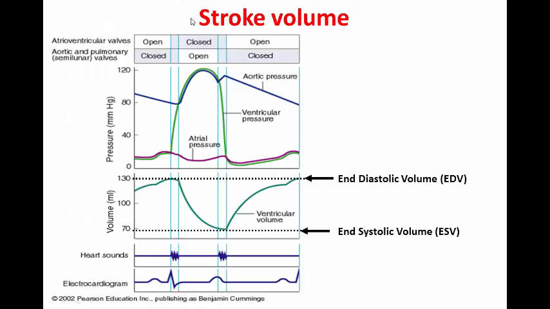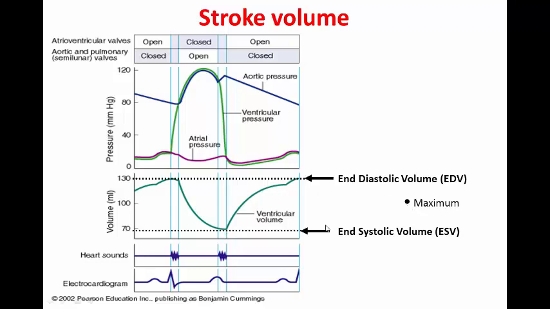So the stroke volume: this is the end diastolic volume, approximately 135 milliliters of blood in the left ventricle and 135 milliliters of blood in the right ventricle, and this is the end systolic volume.